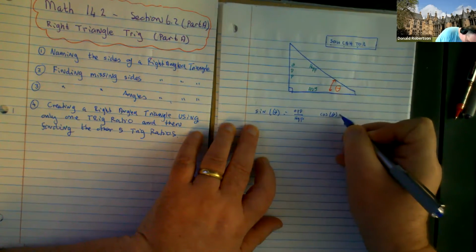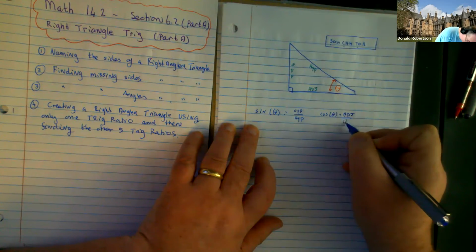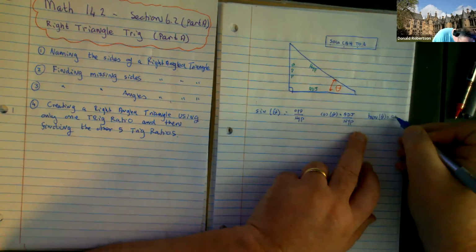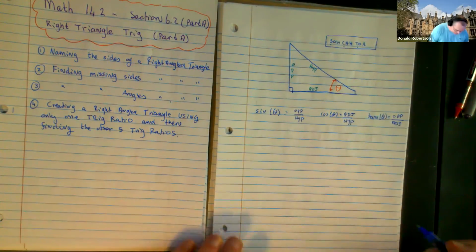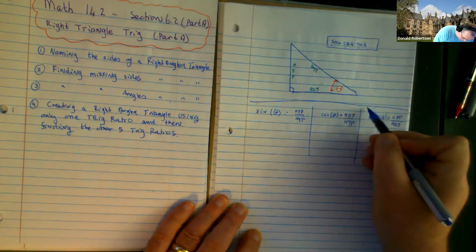Cosine of theta is the adjacent over the hypotenuse. And last but not least, the tangent of theta is the opposite over the adjacent: O first, A, adjacent, is last. And that's 3 of the trig ratios. There are actually 6 trig ratios, and these are 3 of them.